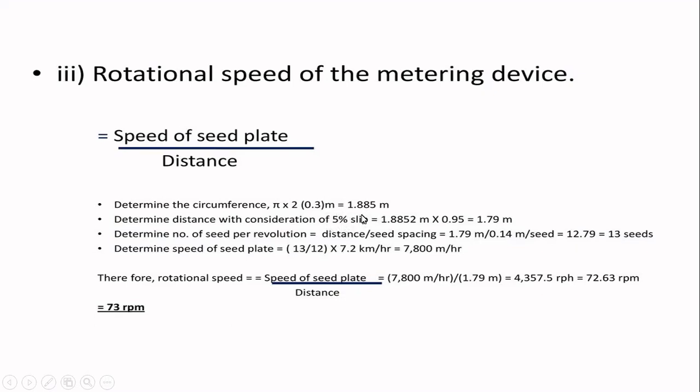If you move the seeder in the field, sometimes the wheels will slip. So with 5% slip, 100% is 1.885 meter, and the wheel is working at 95% because 5% is lost to slip. So 1.885 meter becomes 1.79 meter of actual traveling length.